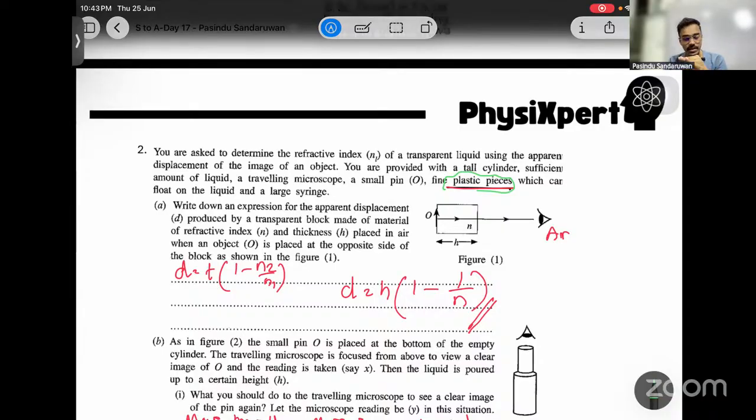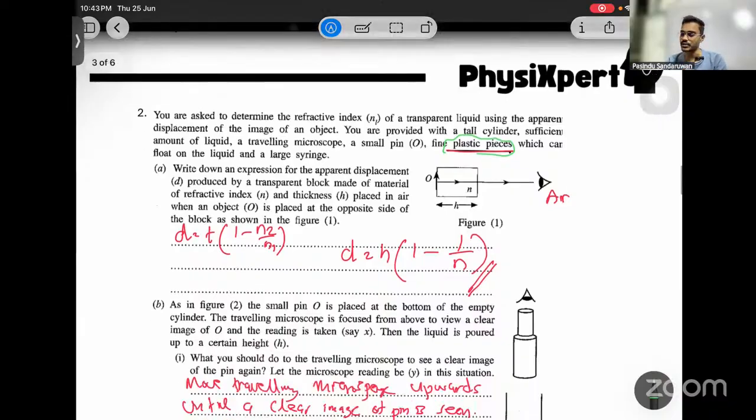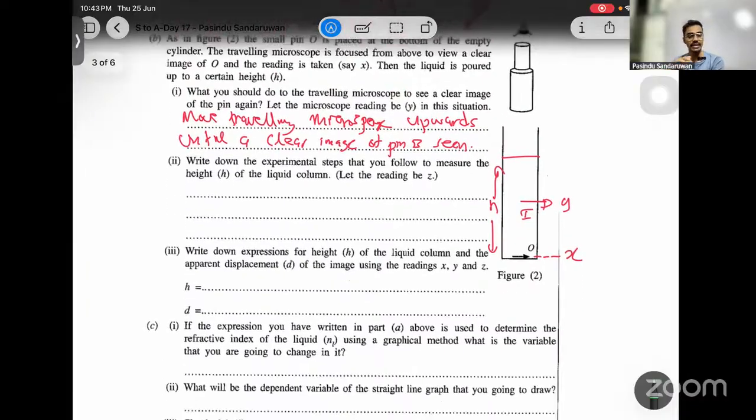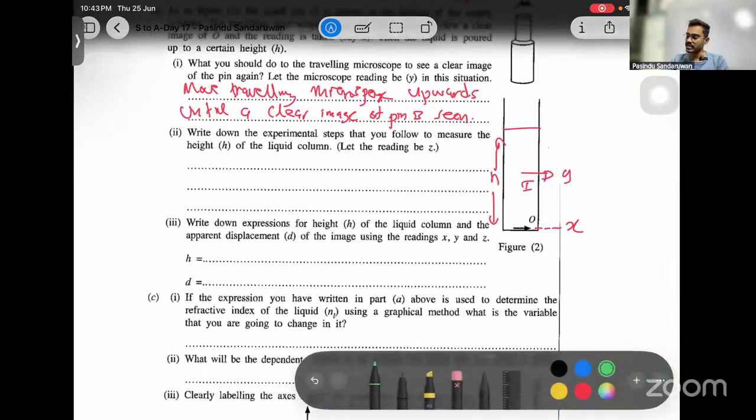We can float small plastic pieces on the liquid, because it says it floats on the liquid, to take that reading. In the standard experiment, what we use is lycopodium powder. Here, we have to use plastic pieces, because that is what is specifically given here.